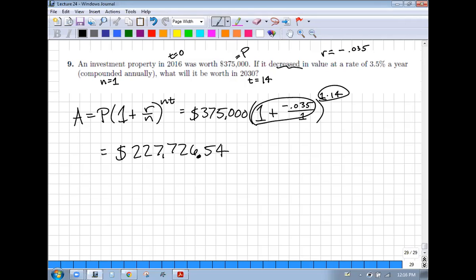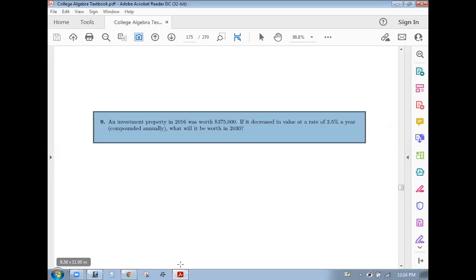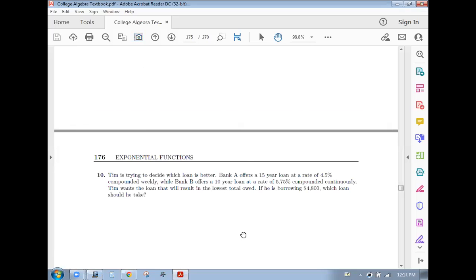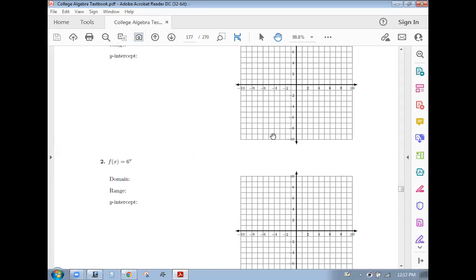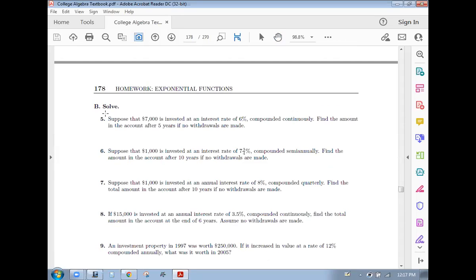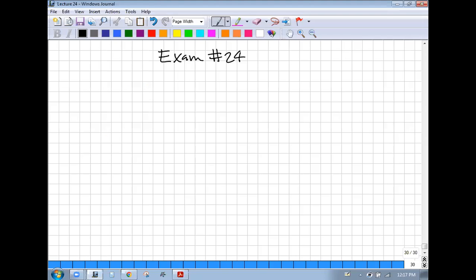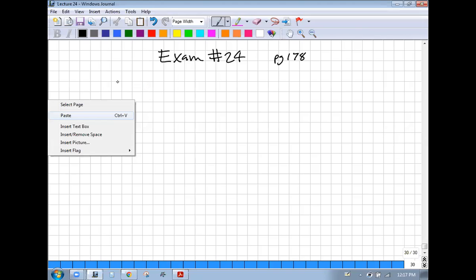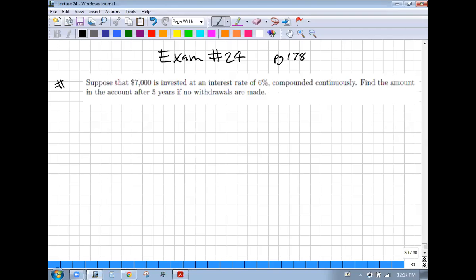All right, so let's do the exam. We still got more examples to do here, but page 178. Here's your number 1.